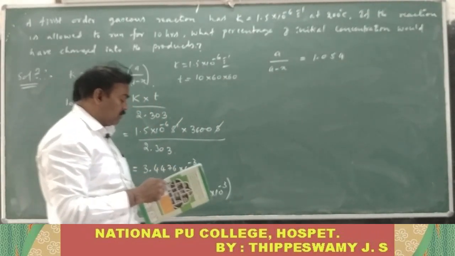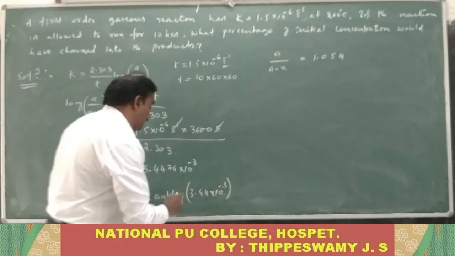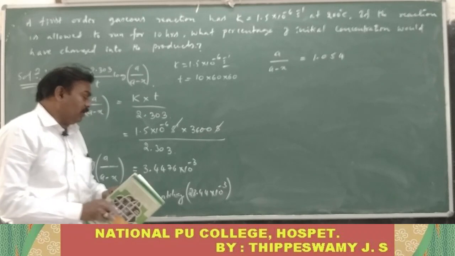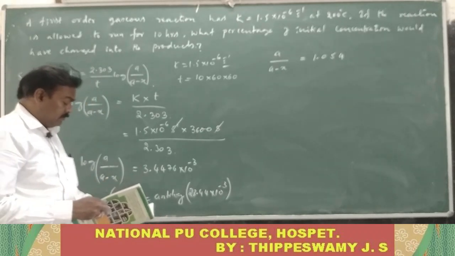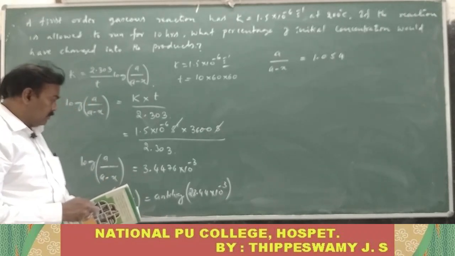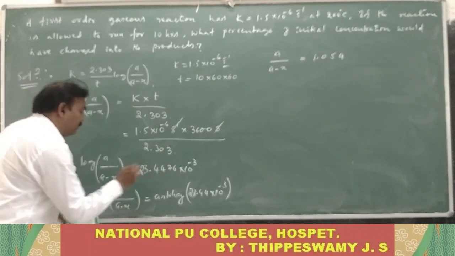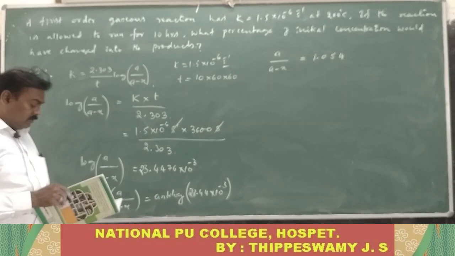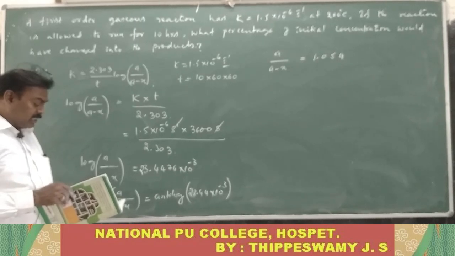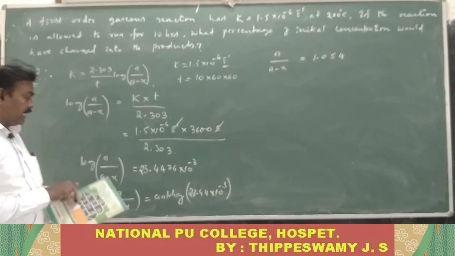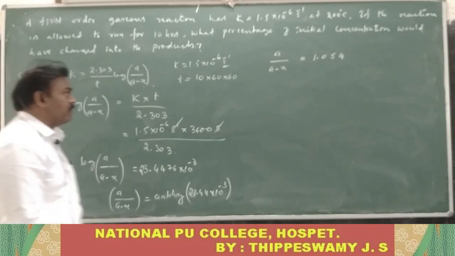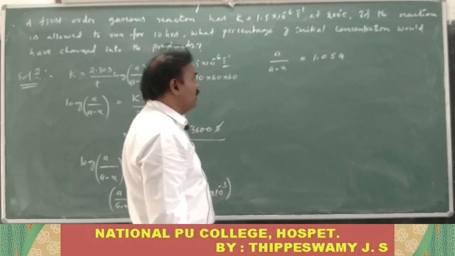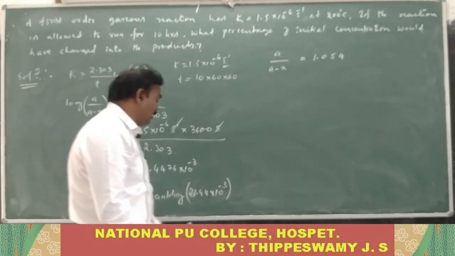Following, is 3.23, right? 23.44 into 10 to the power minus 3. For A by A minus X is equal to the anti-log of this value you can see, and finally we are getting this value. A by A minus X is equal to 1.054. Following all of you.